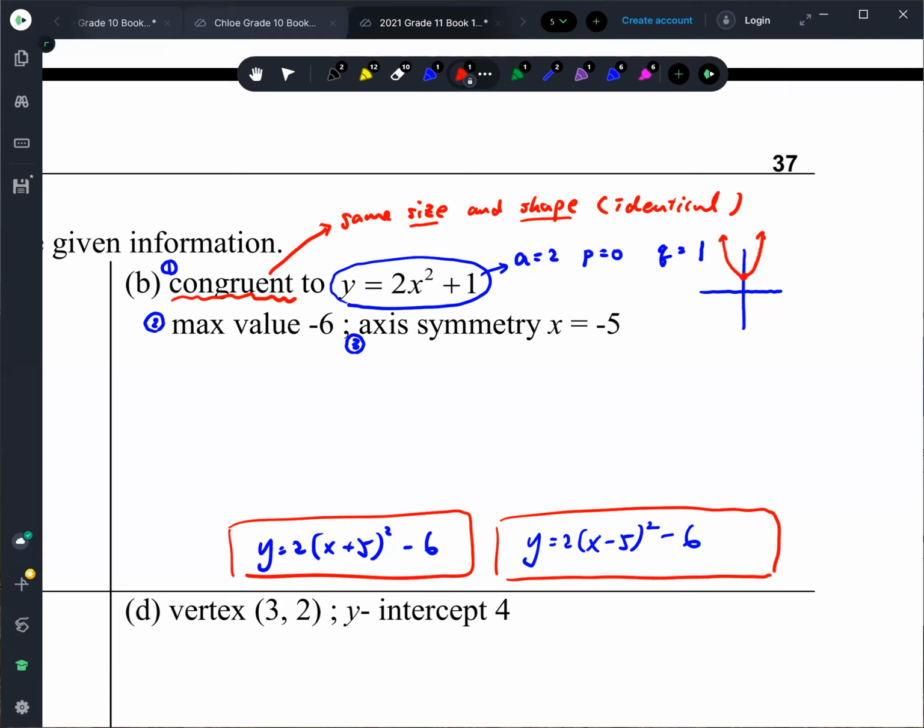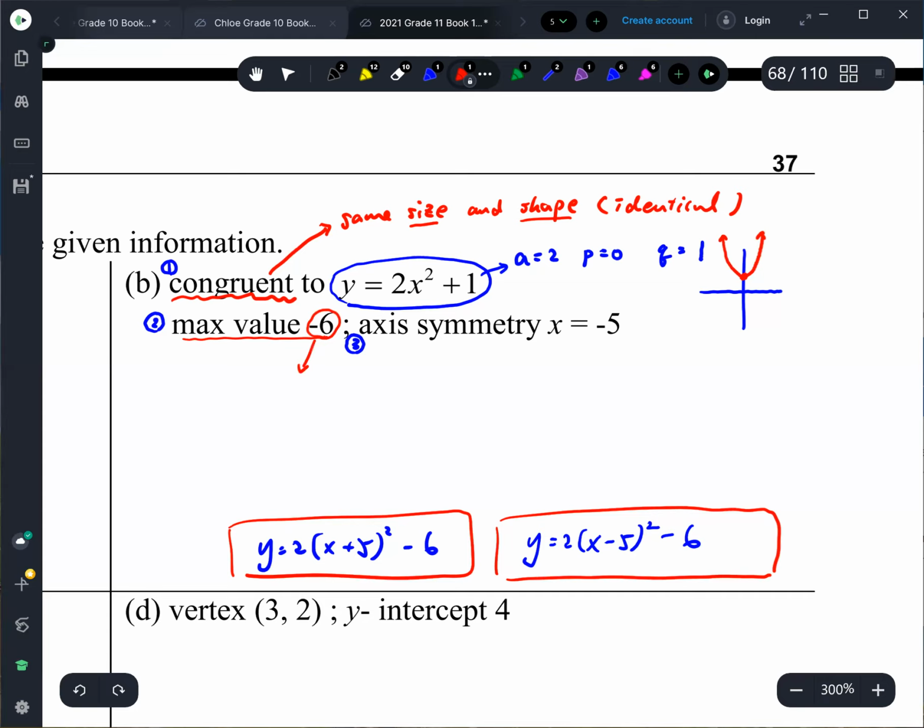Now let's look at the second clue, okay? We need to have a maximum value of -6. So -6 tells us what? Angeline, what do you think? What does -6 tell us? The up and down.